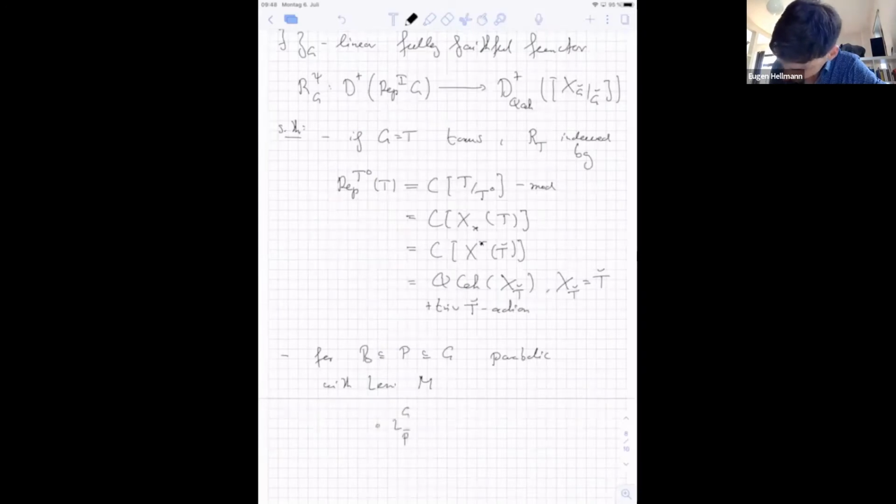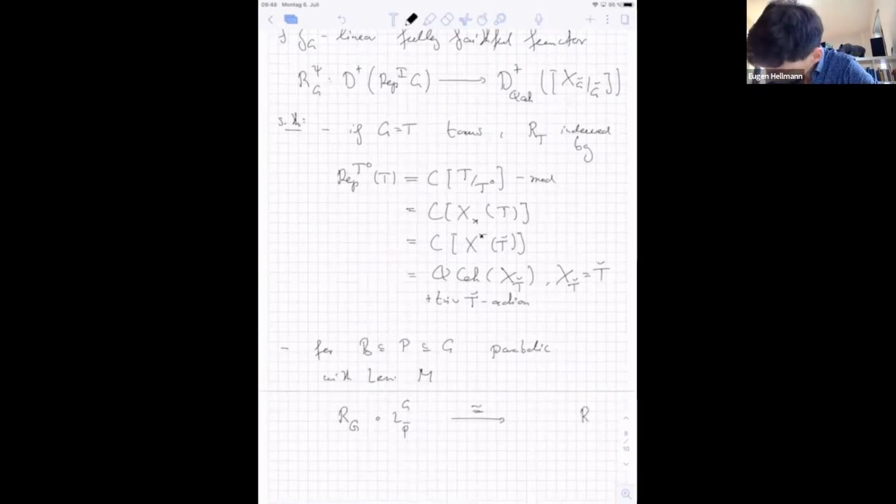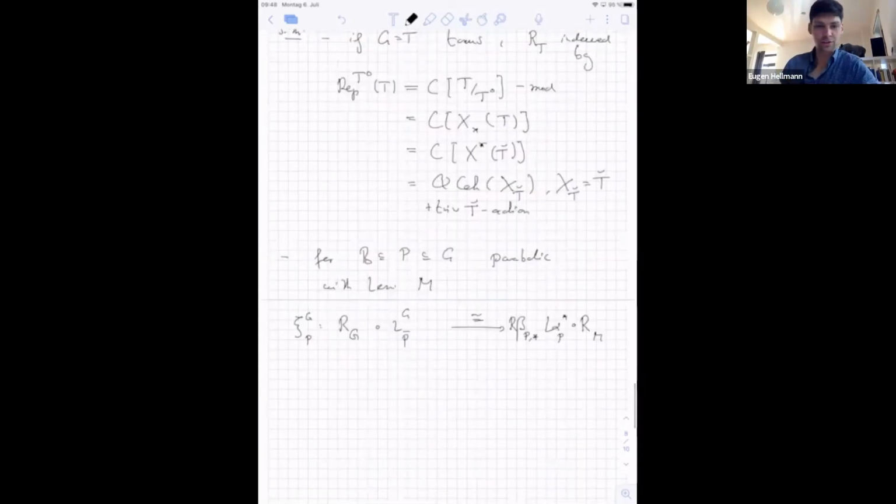You can first induce and then apply the functor that I would like, or that I conjecture to exist. Or you could first apply this functor on the Levi subgroup, and then you have to do something else. But there's a canonical way to proceed in some sense. Namely, you take some push-pull construction to get from the Levi to the group.